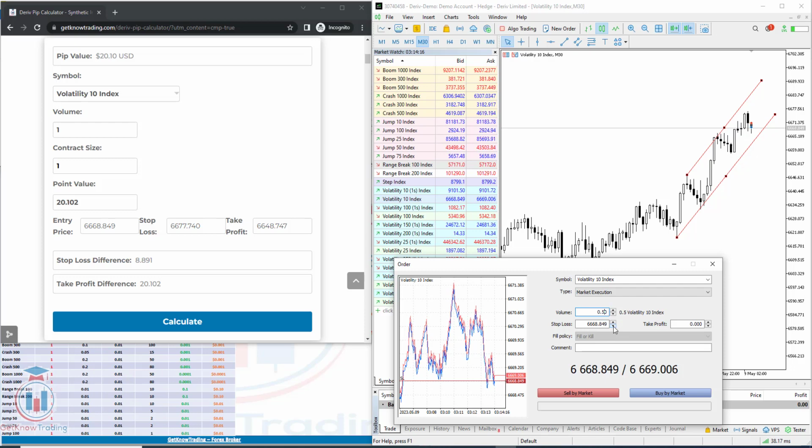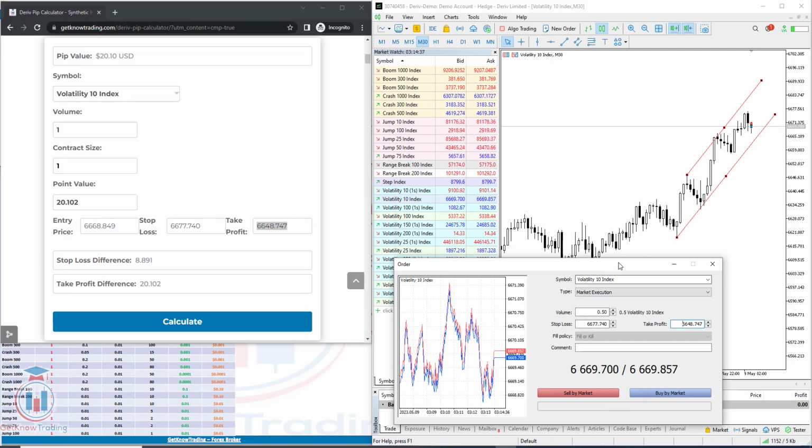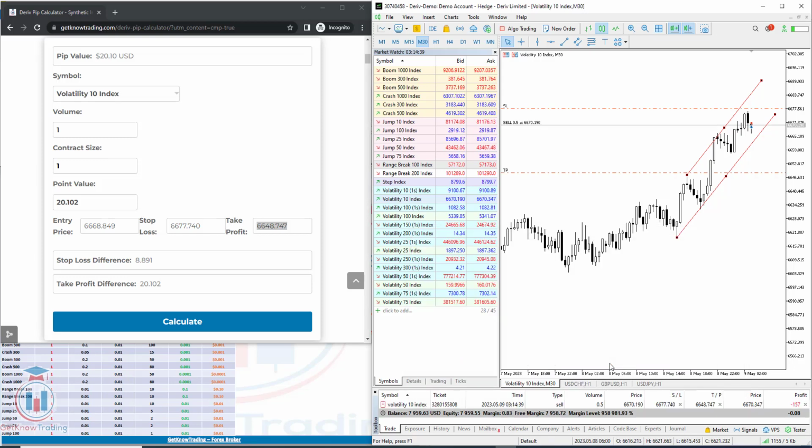Put the stop loss at the value. What is the stop loss? 6677.740. This is the value from here, and put the take profit, copy paste. Let's open a new order, sell.